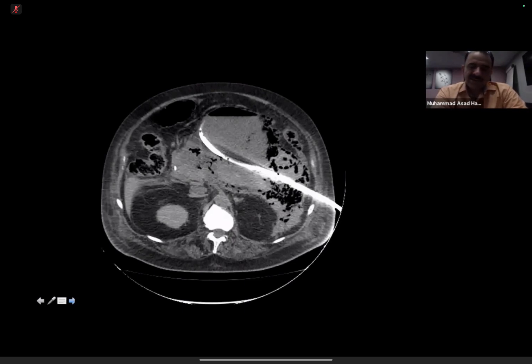If these patients do not improve with collection drainage, they are likely to need surgical necrosectomy or surgical drainage, and it helps if the drain has been put through the retroperitoneal space, because the surgeon can then stay retroperitoneal and do the necrosectomy and remove all the debris.